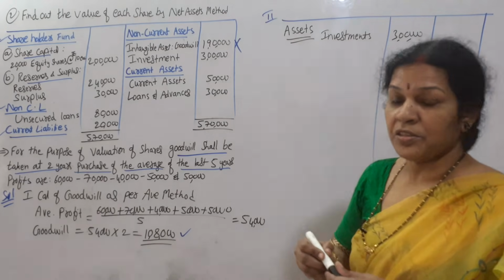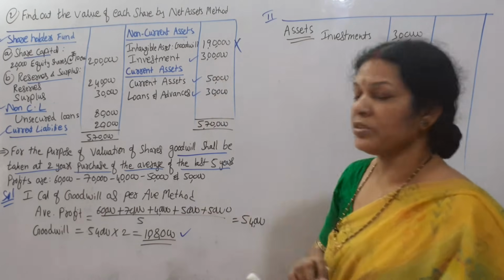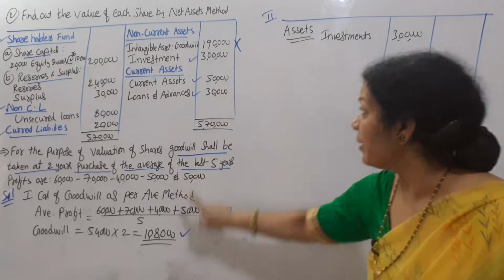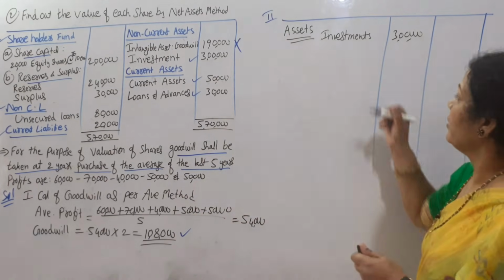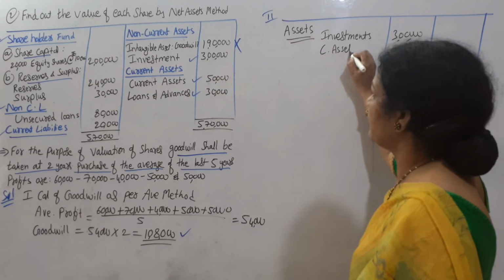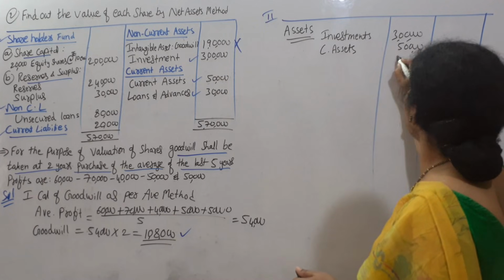All these assets we are going to take: investments, current assets and loans and advances. 3 we are going to take. Lastly, we will write the goodwill, this one, not the other one. Now investments we have taken, current assets 50,000 and loans and advances 30,000.